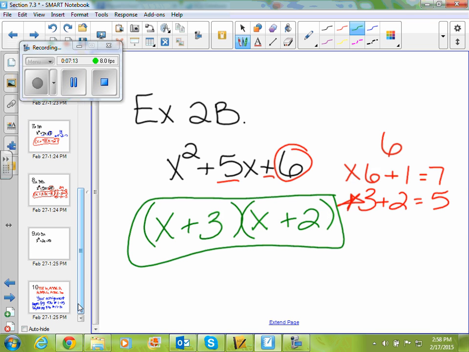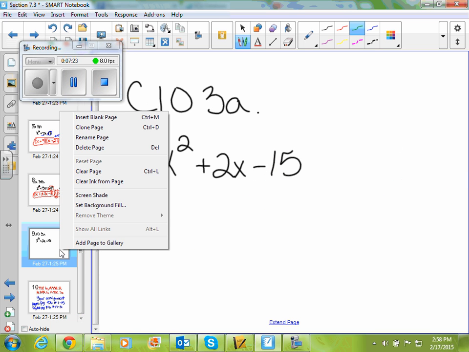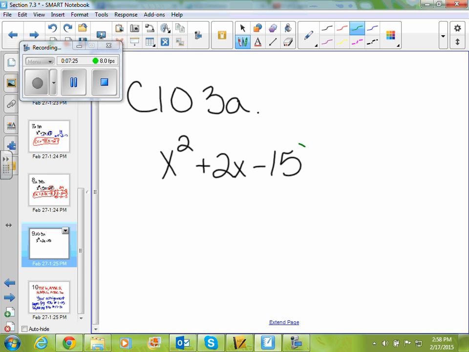Alright. Last one, Connie and Ethan, who wants to walk me through it? Alright, Connie, perfect. So factors of 15 that subtract to give me 2. 3 and 5. Okay, 3 minus 5 gives me negative 2. Do I want a negative 2 or positive 2?